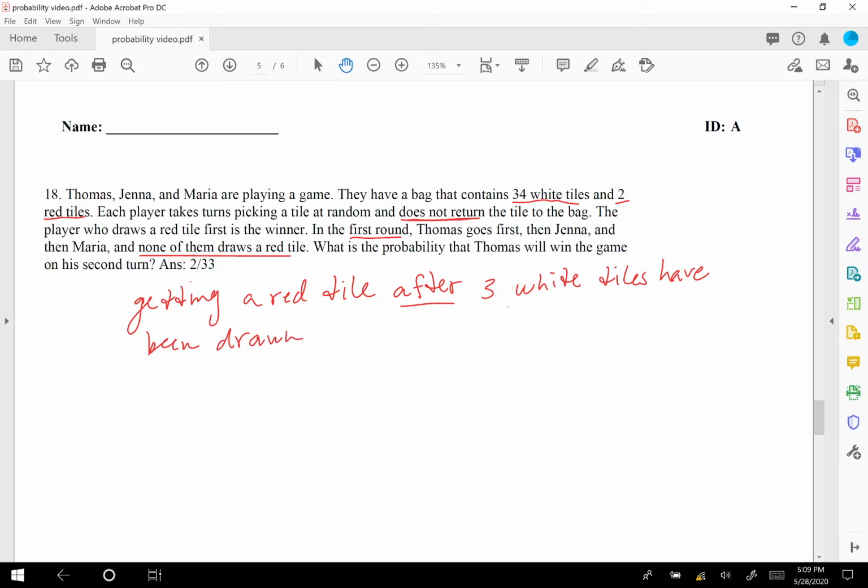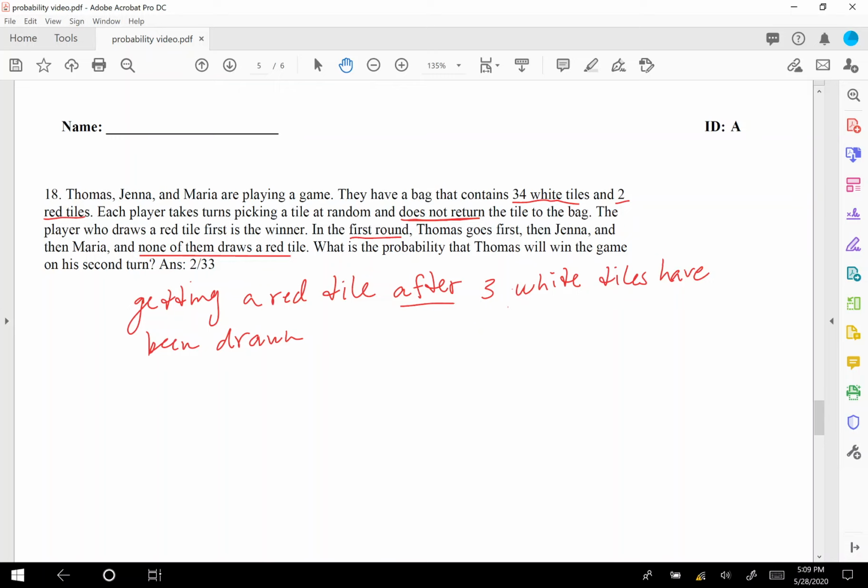Okay, because you have to look at it. It says they all went in the first round and nobody won. Well, how do you win? By getting a red tile. So if you draw out a white tile, then you lose, right? So what's the probability of getting a red tile after 3 white tiles have already been drawn?